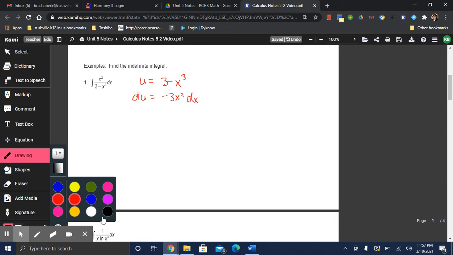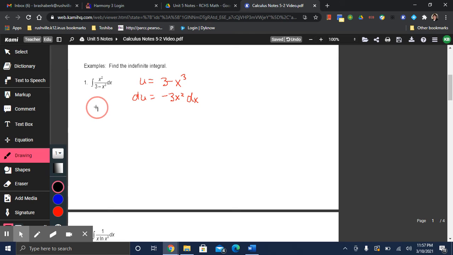So this doesn't look like anything new until we substitute. So I like to do a rewrite. So I'm going to have the 3 minus x to the third to the negative 1 power, and then my x squared dx. I feel like this is what you would naturally do with this.